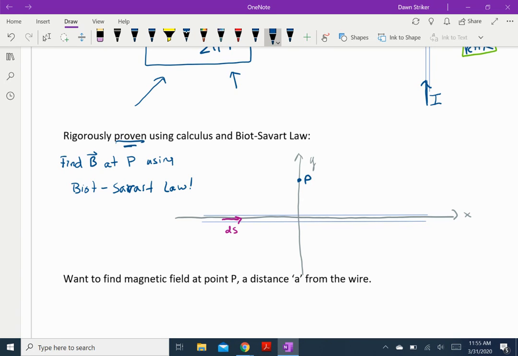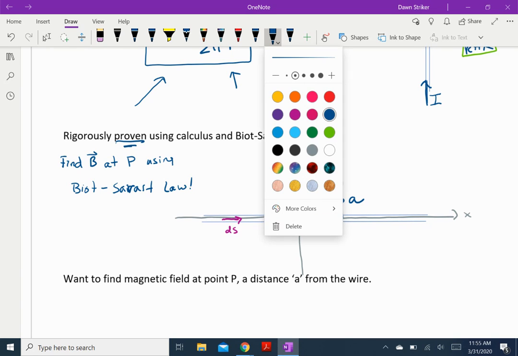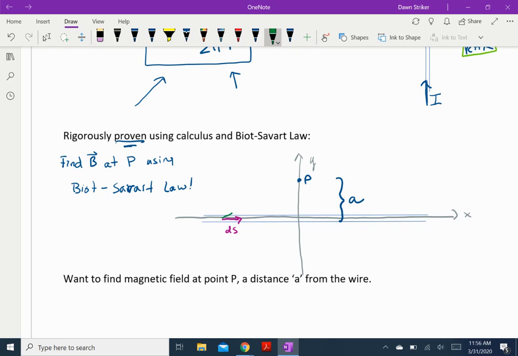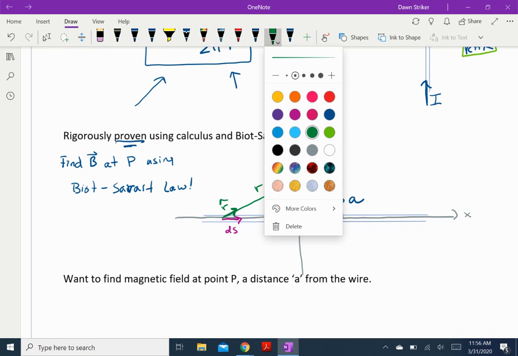So I'm going to make my picture pretty clear. Let's just say that the distance between P and the x-axis is A. Let's just say that my radius vector goes from here up to here. There's r. And in fact, what I'm really interested in is little r hat, the unit vector, but that's the direction.